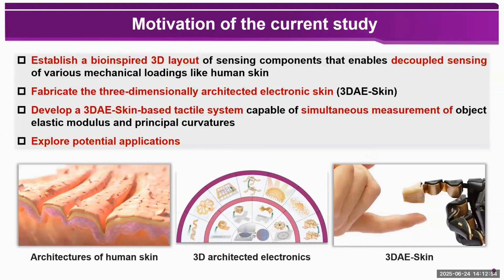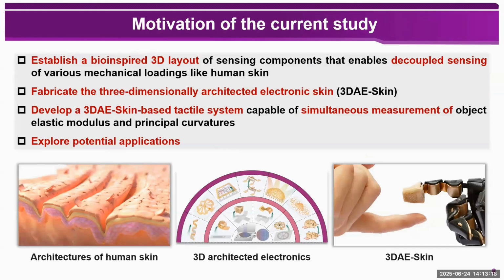So to address these challenges, we look into our own human skin to find inspiration, and we propose a bio-inspired 3D layout of sensing components to achieve decoupled sensing of those mechanical parameters. The standpoint is to leverage the biomimetic physical architecture of the device to achieve decoupled sensing.